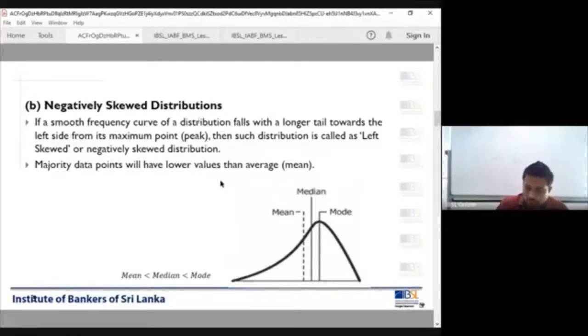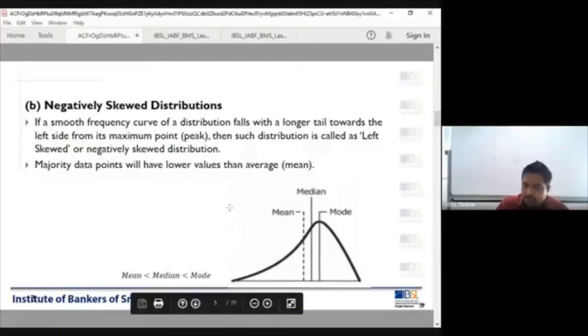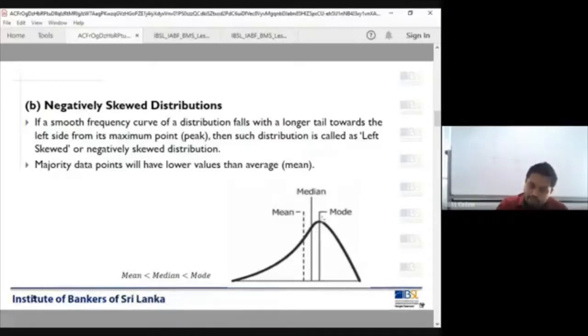Now, this will be the y-axis, which we haven't earmarked here. Longer tail towards the left hand side from its maximum point. Again, what is the maximum point? That would be the mode or the peak. Then such distributions are called left skewed or negatively skewed distributions.